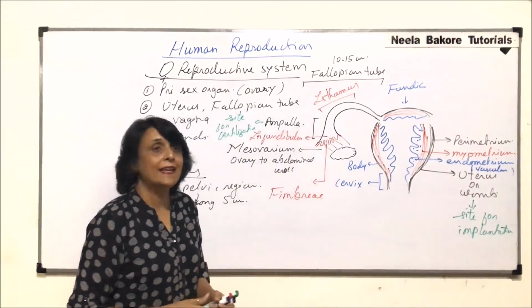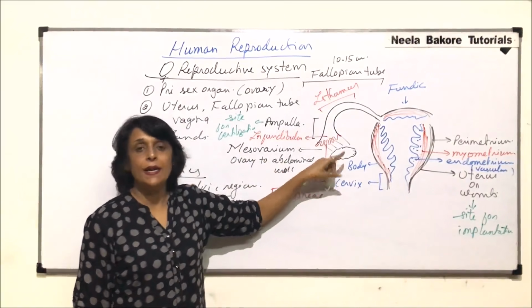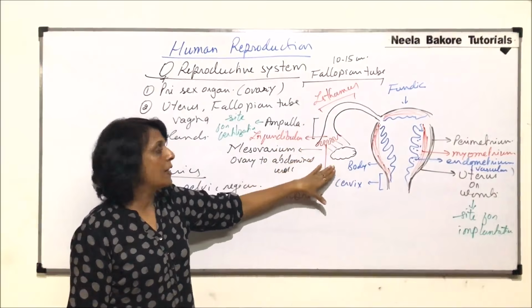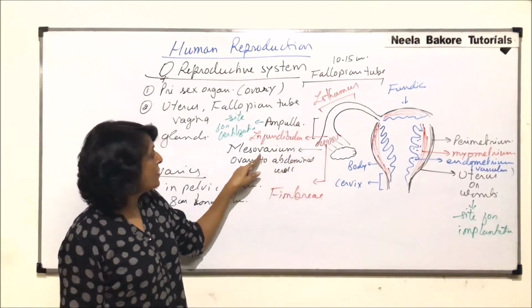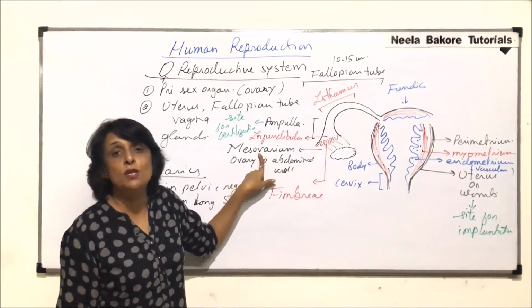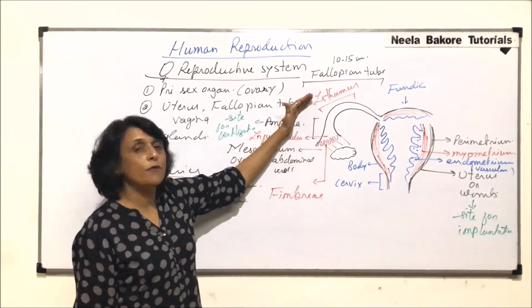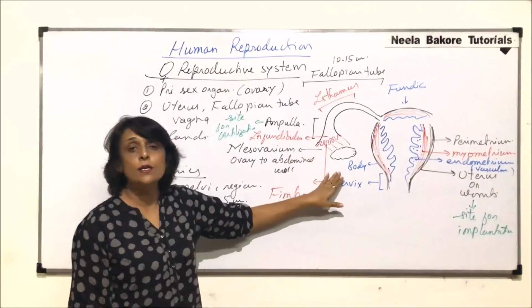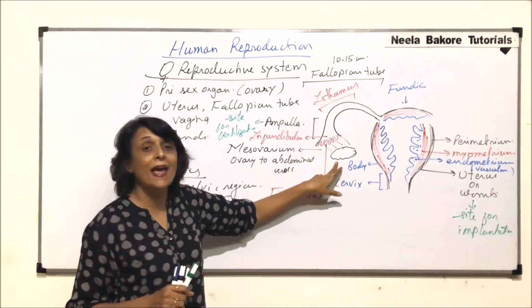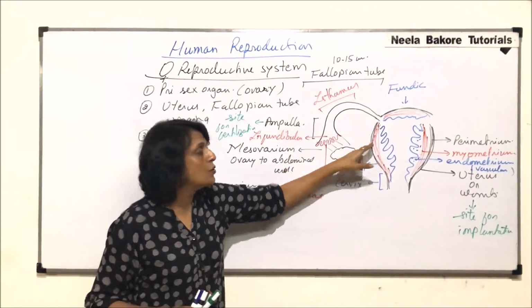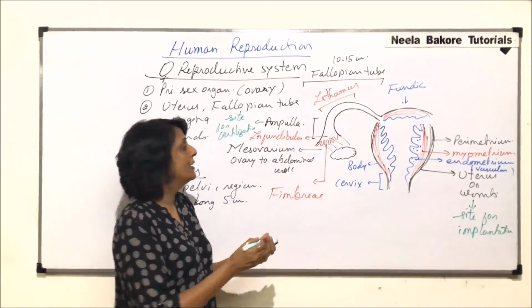Now, we said that the ovaries are suspended in their own position with the help of mesentery. One mesentery we already made here, which is known as mesovarium. It helps the ovary suspend from the body wall. Now there is one more mesentery which is going to help in attachment of the ovary to the uterine wall.